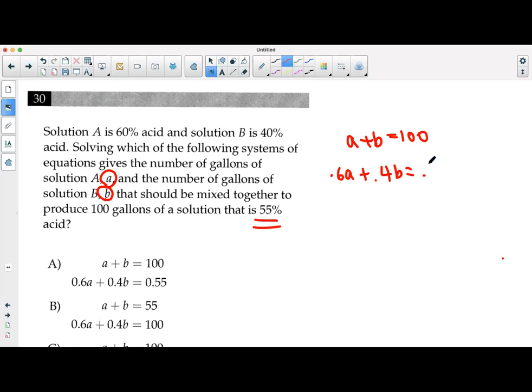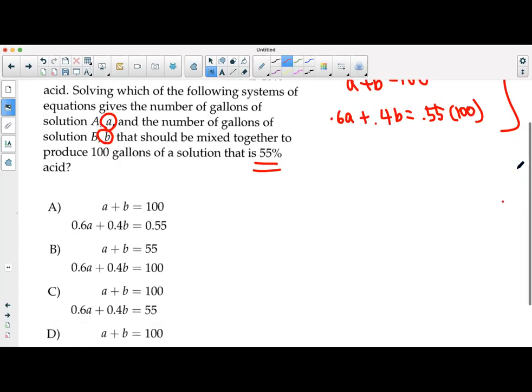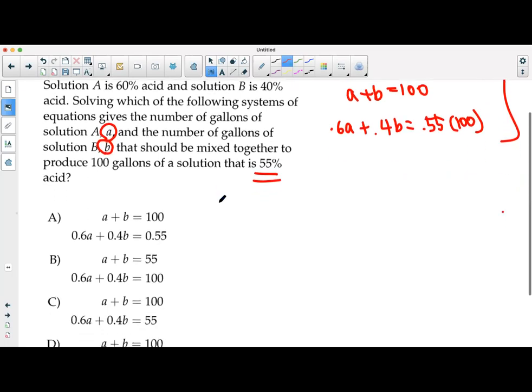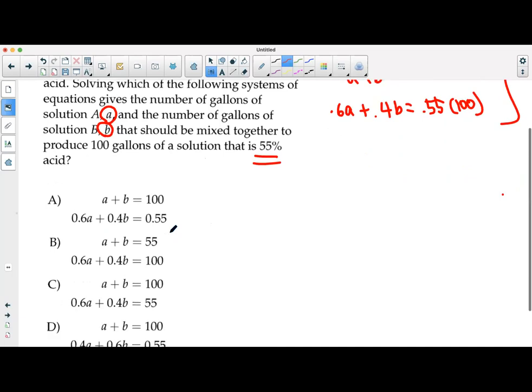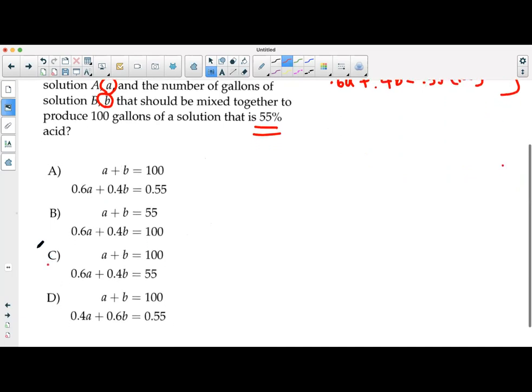Combined together it will be 0.55, 55% of 100. That's the amount of acid altogether. So I'm looking for something that has these two. Which one will that be? It looks like A, but not quite, because this one forgot to multiply by 100. And oh, it looks like C then. C would have been our answer.